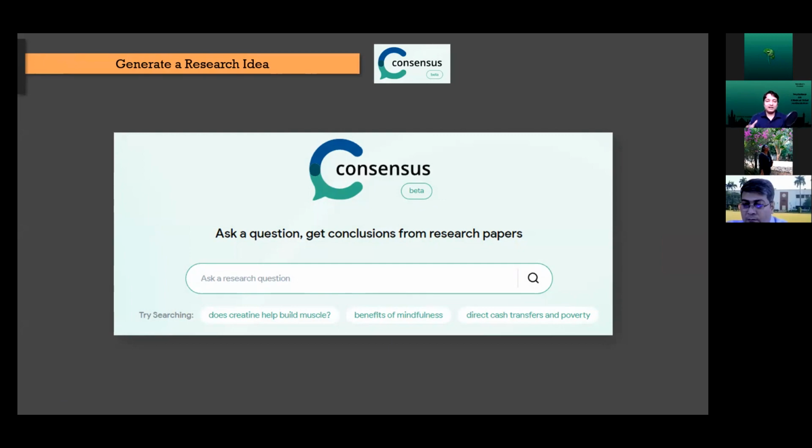You can see the user interface of Consensus. It's very much like Google. So you can ask the questions here. It's a Google for research papers, but what it does after that is very important.